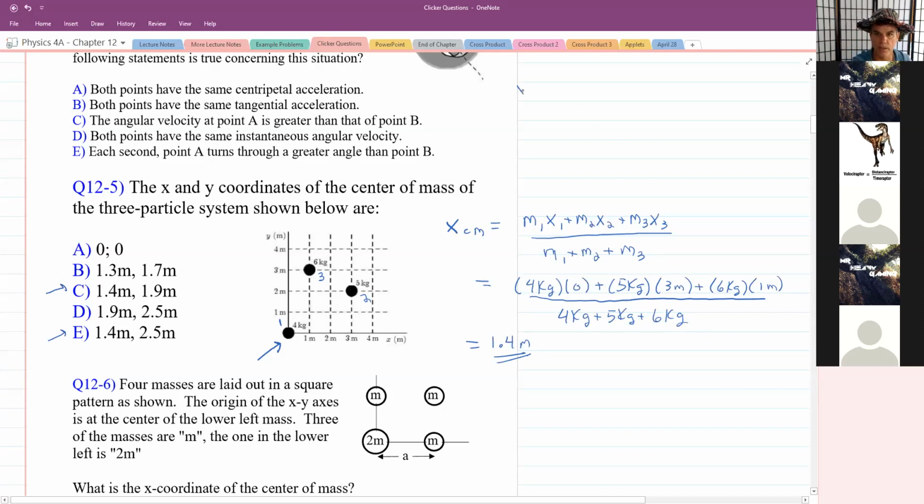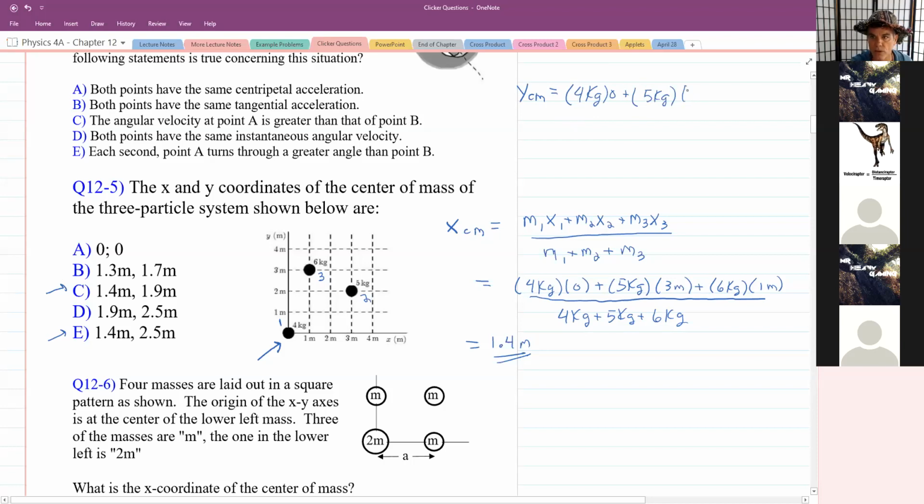And let me do that up here, and let me just skip writing out the equation. So it's going to be M1 times Y1, so 4 kilograms times 0, plus M2 times Y2.